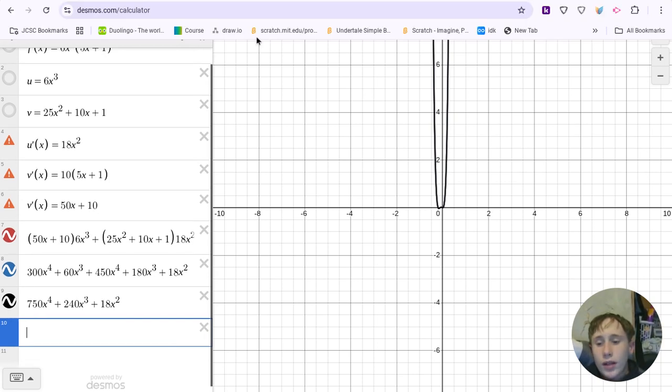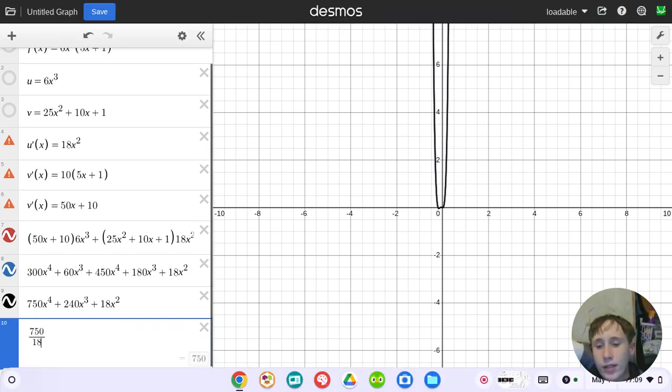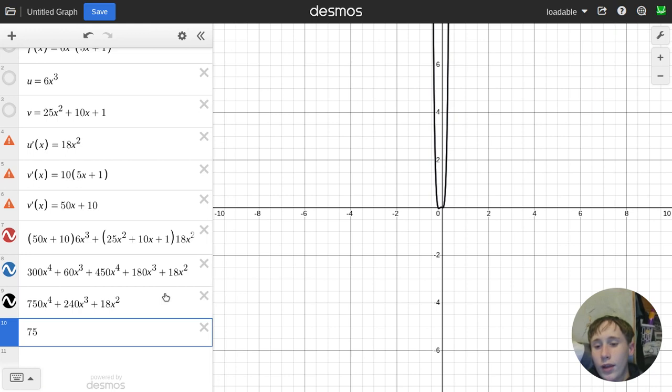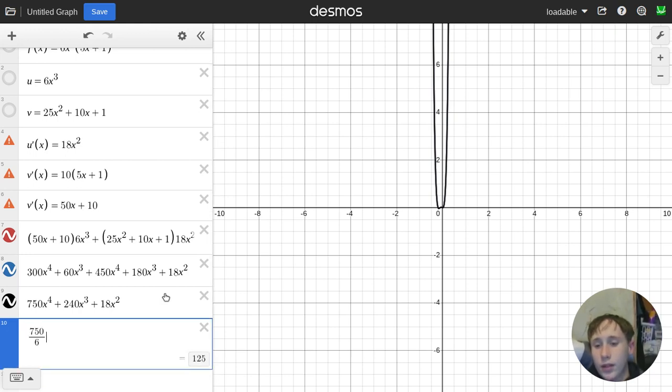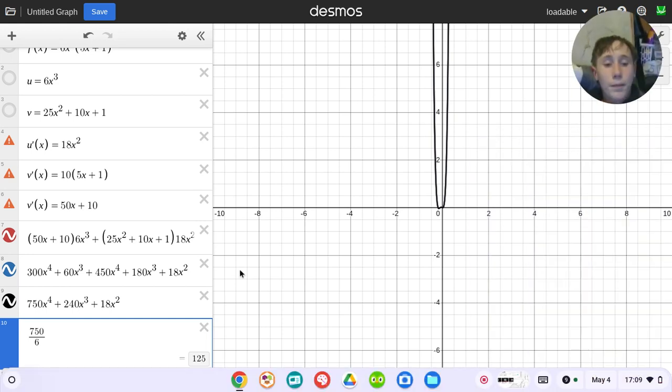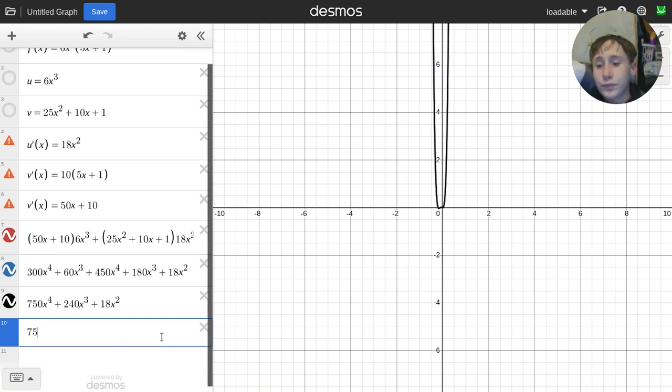Is 750 divisible by 18? No. Is 750 divisible by 6? Yes. So, let's try 6 first, and if it can be broken down further, we can break it down some more then. What's 750 over 6? 125.